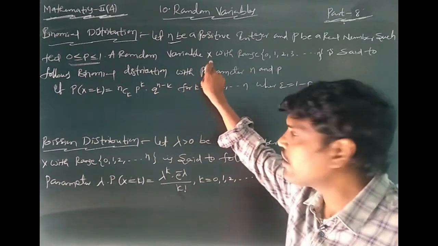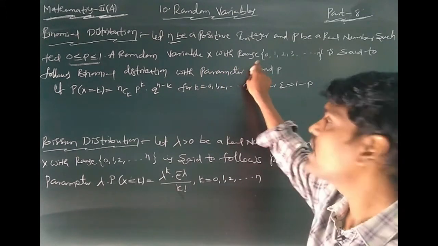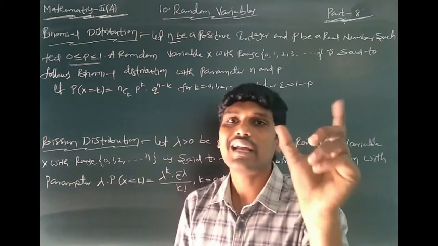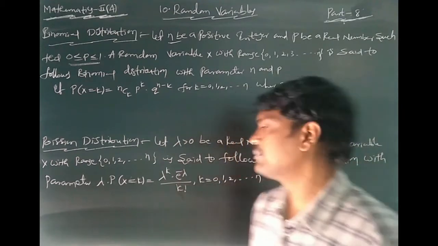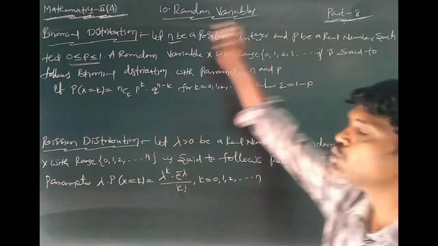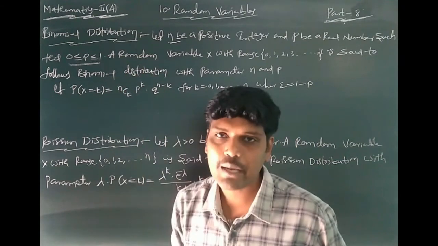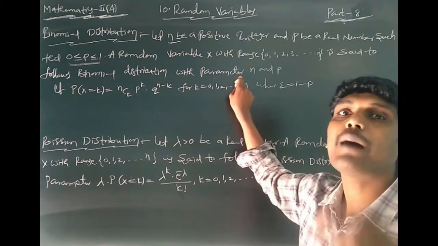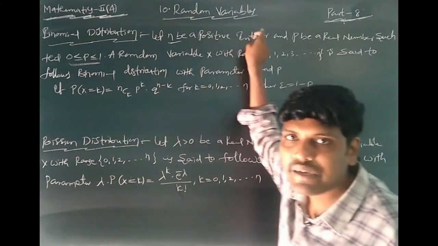A random variable with range 0, 1, 2, 3, and so on. Here the range of capital X is 0 to n. It is said to have a binomial distribution. This random variable X is said to have a binomial distribution with parameters n and p. Here n is a positive integer, p is a real number.